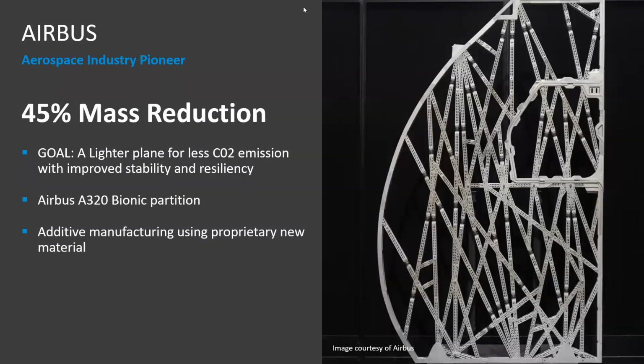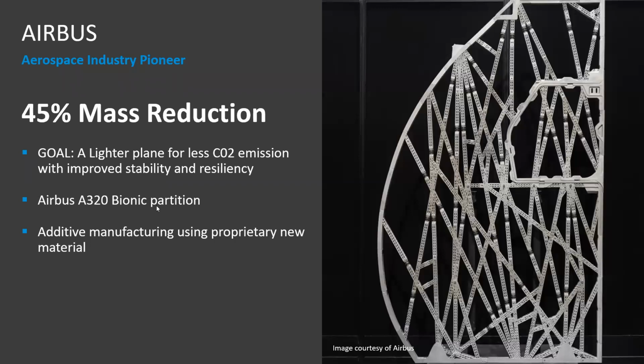See, this is a very real-time case study of Airbus, an aerospace industry pioneer. You can see this panel. This panel divides the cabin crew space from the passenger space, right? Ideally, this is a complete solid material, a sheet. Now, they have designed this entire panel with the help of generative design, and they achieved 45% mass reduction.